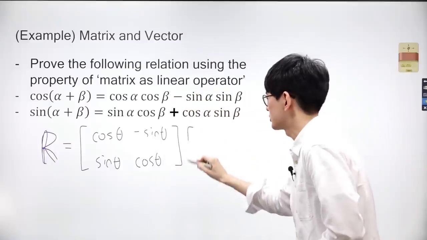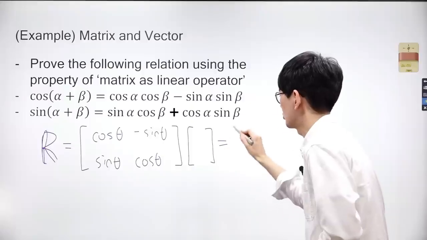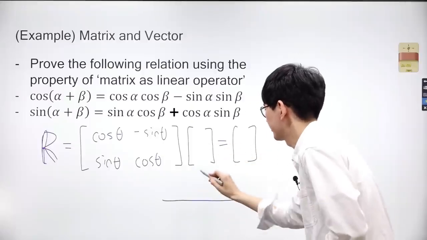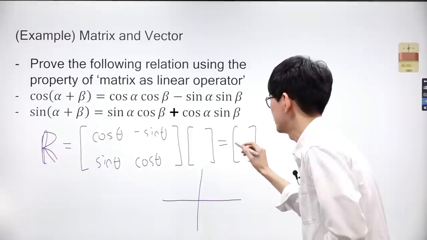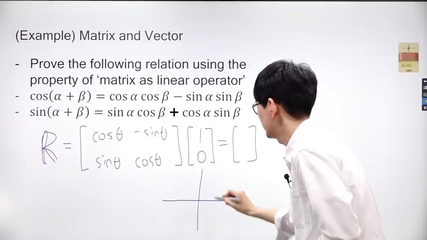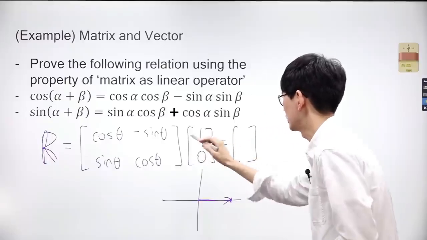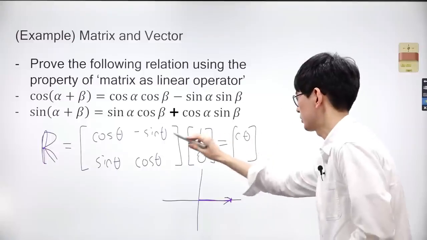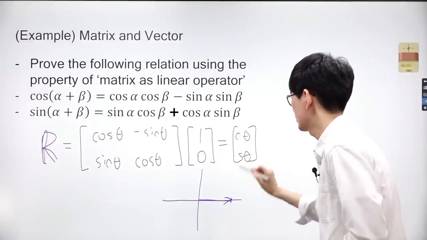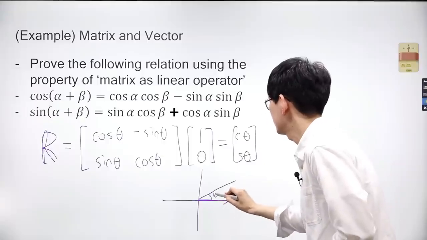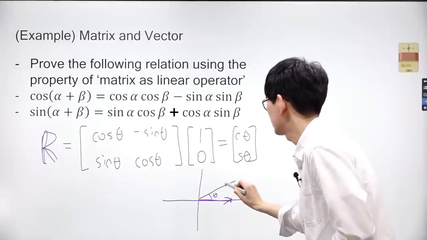Let me explain how this matrix rotates the space. When we multiply the matrix by a vector, it gives us a new vector. Suppose the input vector is 1, 0. After the multiplication, the output vector will have values cosine theta and sine theta. If we plot this new vector on a two-dimensional plane, the angle between the two vectors is theta.